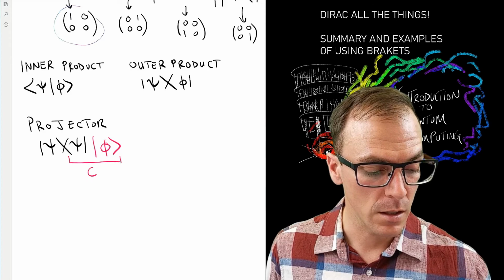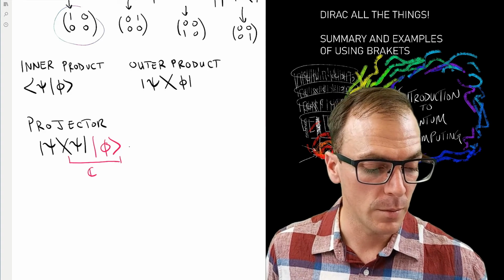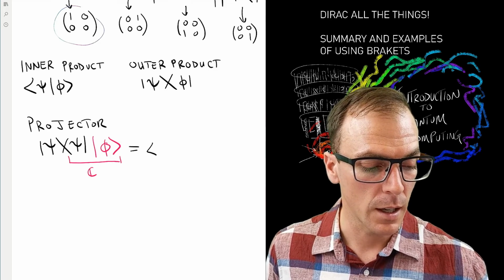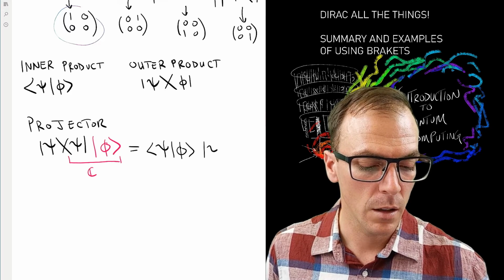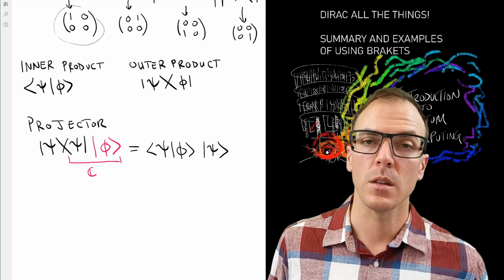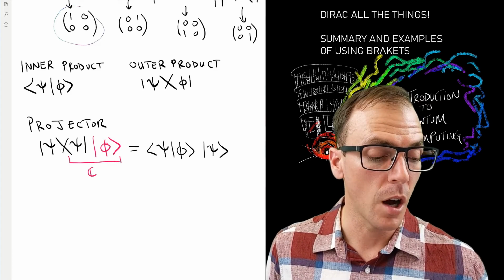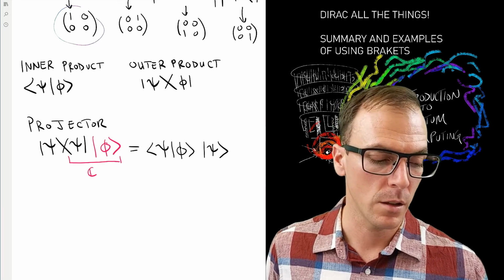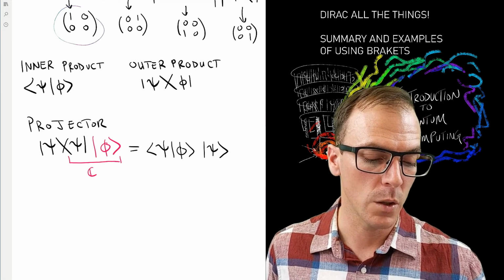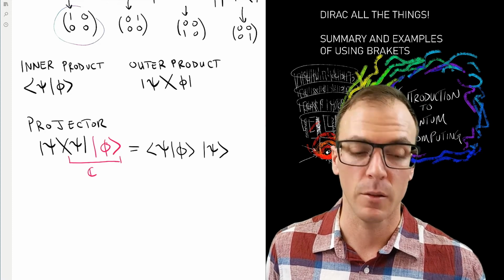So that's a complex number that can come out in front, and I end up with the inner product between psi and phi times this vector, this ket. So this original object, this outer product, took any vector whatsoever and produced psi times some scaling factor.